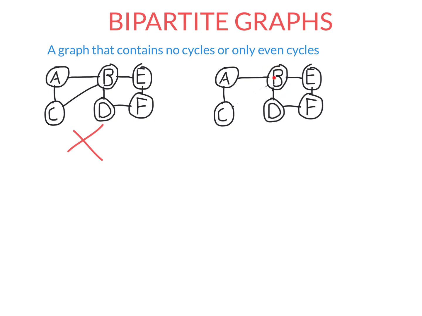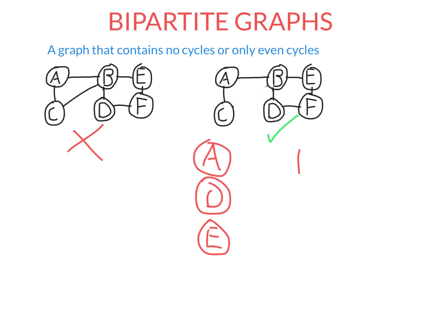On the other hand, this here is a bipartite graph. The only cycle has 4 vertices, so that's what we call an even cycle. With bipartite graphs, you can split them up into 2 sets of non-adjacent vertices. So here, I could split them up into a set that's A, D, and E, because these vertices are not connected by a single edge.